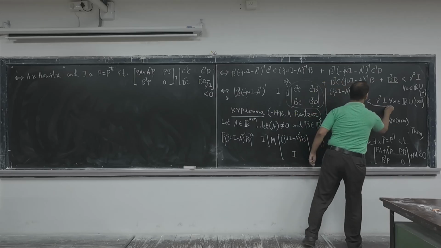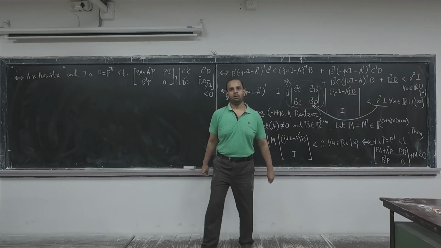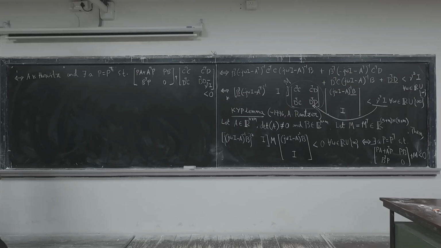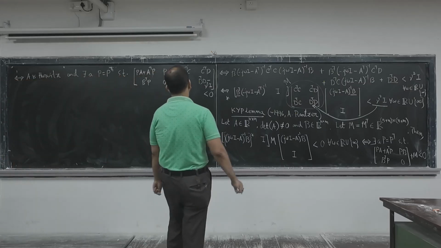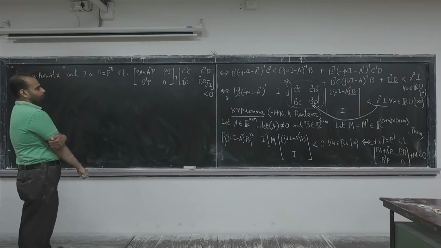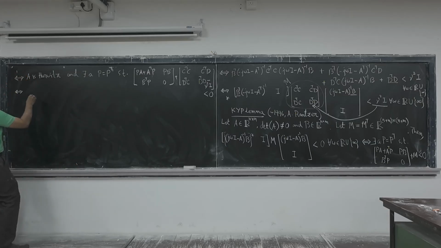This gamma square I that I am bringing here. So this simply, I can arrange a little bit.